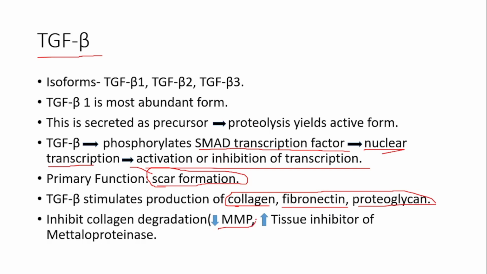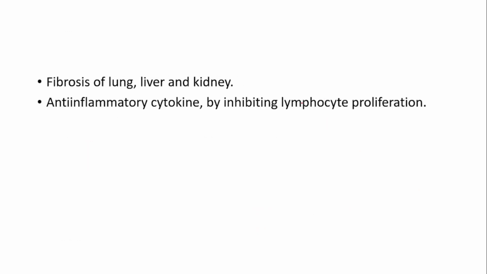Matrix metalloproteinases function to degrade the extracellular matrix components, where collagen is one among them. So if we reduce the function of these MMPs, we increase the synthesis as well as function of collagen, and we are increasing the inhibitors which inhibit these metalloproteinases, thereby indirectly increasing collagen synthesis and reducing collagen degradation. It not only helps in formation of the scar, but also the fibrosis of the lung, liver, and kidney.